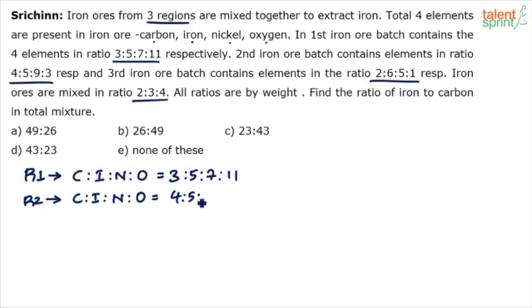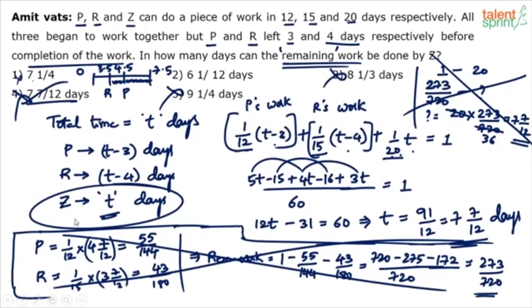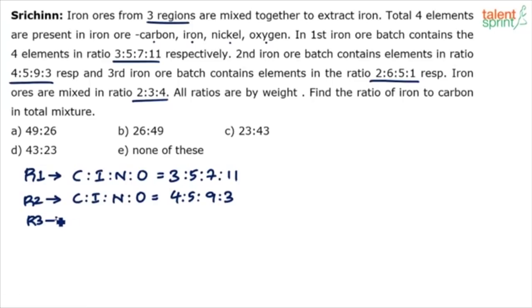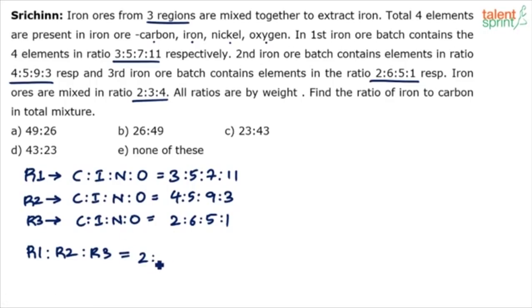This is the question itself; I'm just rewriting it so that we only deal with these numbers. Region 3 has these 4 elements in the ratio of 2:6:5:1. R1, R2, R3 have been mixed in the ratio 2:3:4, which means if you take 2 kgs of iron ore from region 1, you take 3 kgs from region 2 and 4 kgs from region 3.